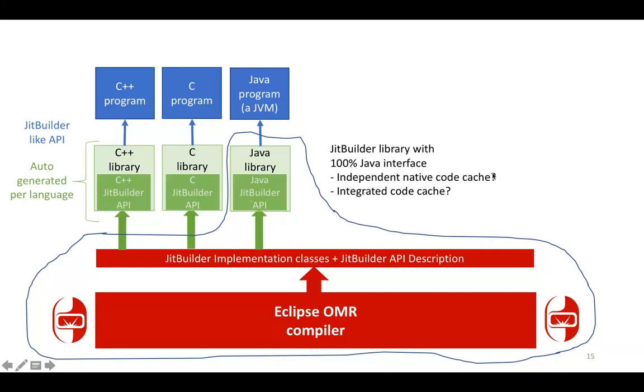So maybe you manage an independent native code cache, which I showed a prototype for at JVMLS a couple of years ago. Or if you have the ability to integrate this library into the JVM itself, you might even be able to consider generating native code into the actual JIT compiler's code cache within the JVM. So there's some interesting options specifically in the Java ecosystem.